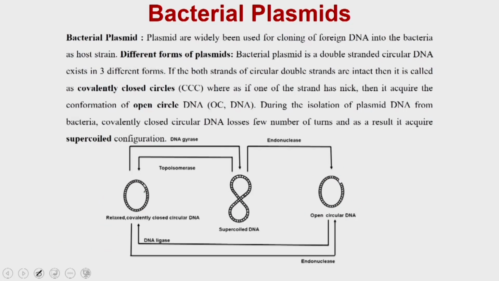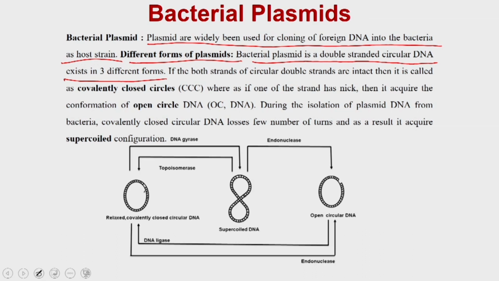Bacterial plasmids are widely used for introducing foreign DNA into bacteria as a host strain. A bacterial plasmid can exist in three different forms. As you know, the bacterial plasmid is a double stranded DNA, but it can exist in three different forms. If both strands are intact and circular, it is called covalently closed circular DNA, or CCC.